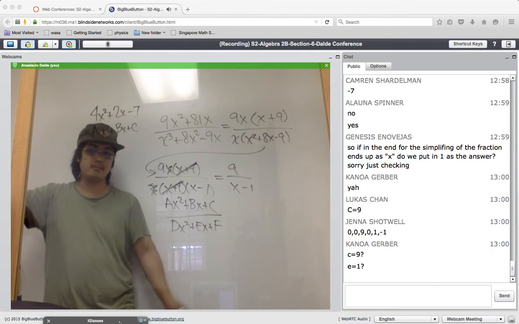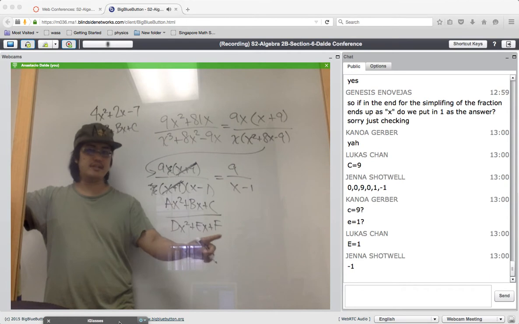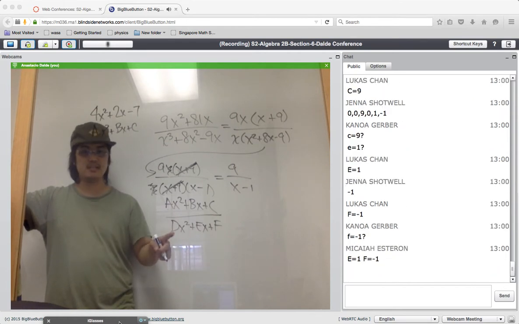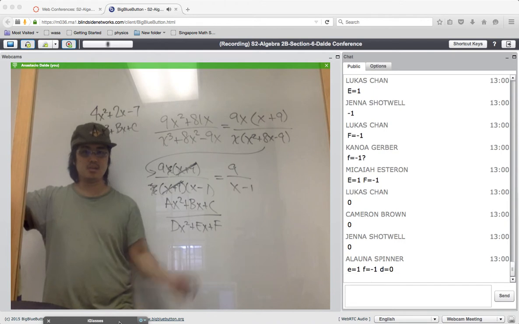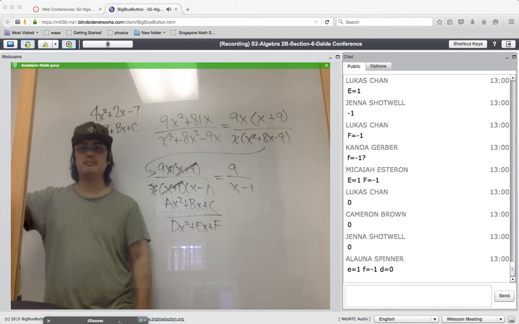I'm just using different letters. E is 1, F is negative 1. Very good. And D is 0 because I don't see an x squared anywhere in the denominator. So if I were to ask you to put this particular answer in ABCDEF format, it would just be like C is 9, E is 1, F is negative 1, and everything else is 0.